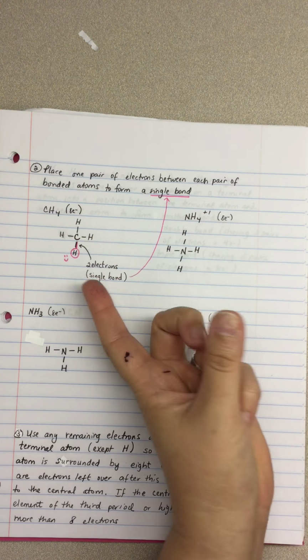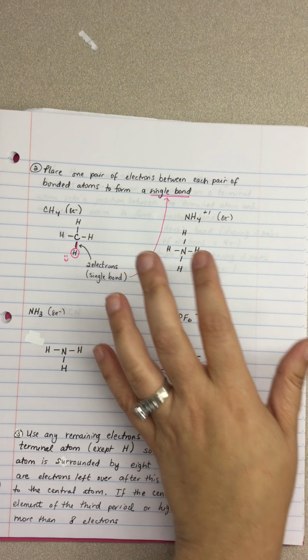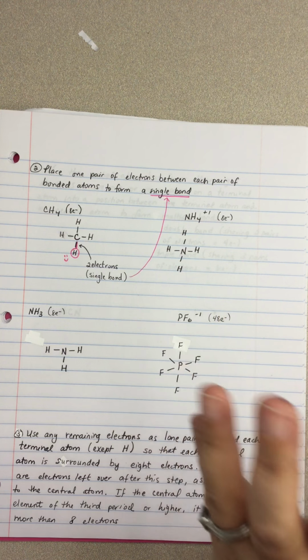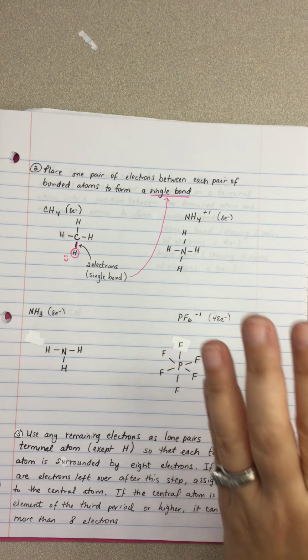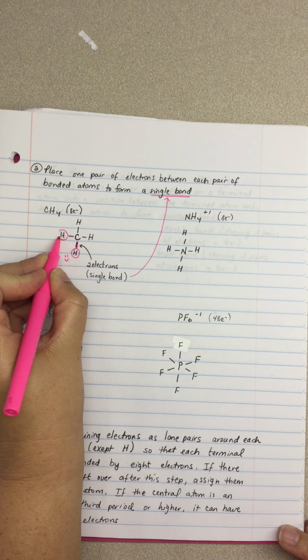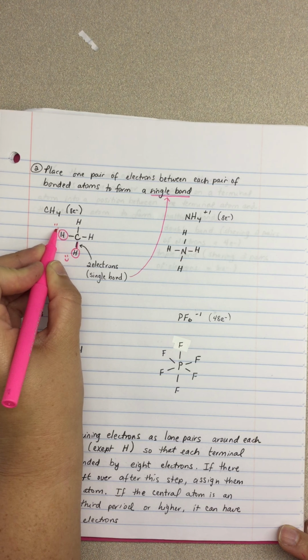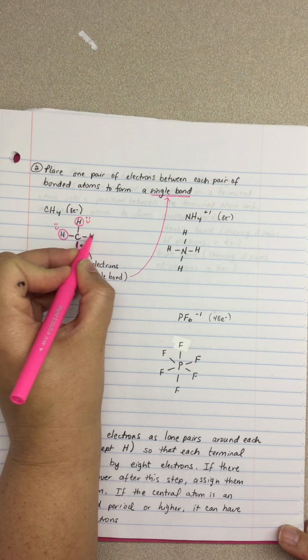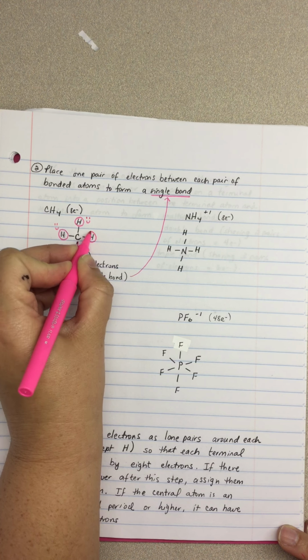Each hydrogen in that CH4 compound has exactly the same thing, sharing 2 electrons with the carbon, so each hydrogen has a complete octet.